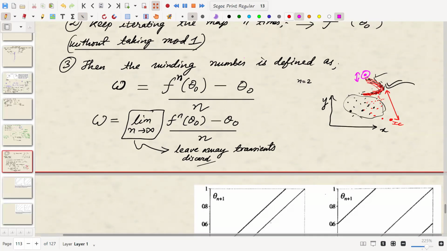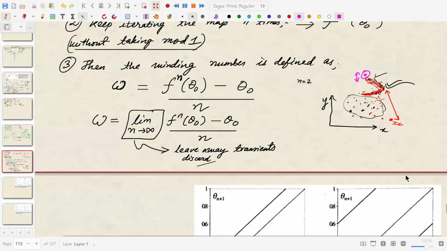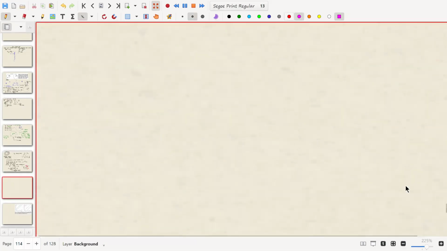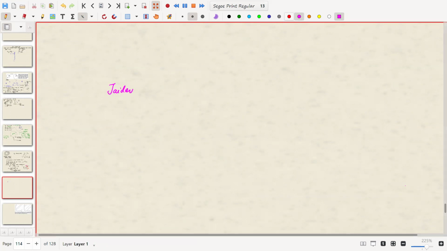Let me think about a nice example. How about the example of transients? Maybe let us consider Mr. Jaydev. Mr. Jaydev is here, Delhi University, right?